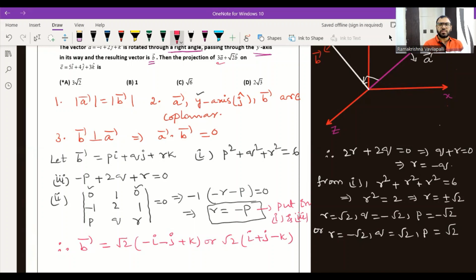And now what else is left? We will find 3A bar plus root 2 B bar. This is equal to 3A bar, which is minus 3i plus 6j plus 3k. And root 2 B bar, I'll take one vector: minus 2i minus 2j plus 2k. By simplifying this, you will get minus 5i plus 4j plus 5k.